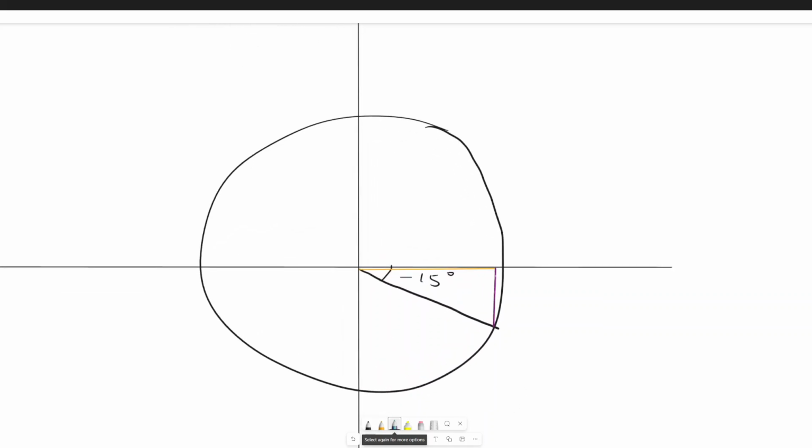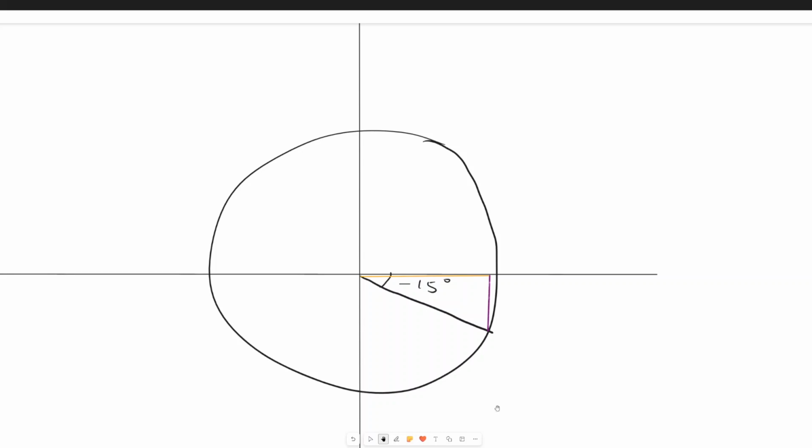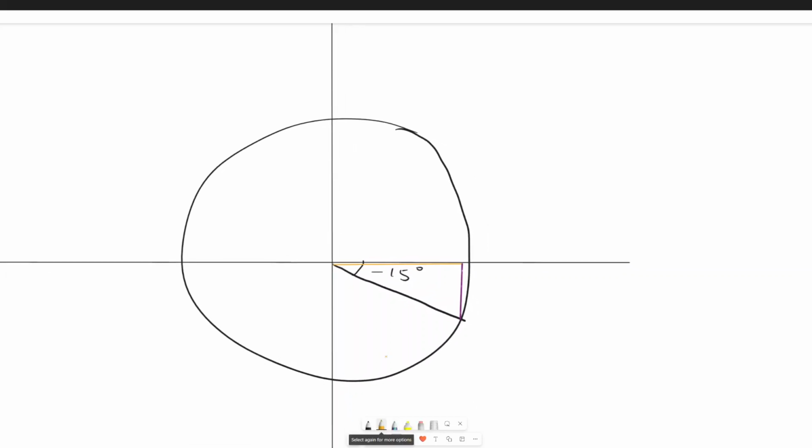So again, let's think about which quadrants are going to give us this length. On the unit circle, the left is negative and the right is positive. It's just like the Cartesian plane. So right is positive x and left is negative x. Because this base here is going to the right, its value will be positive. So straight up again, we know that cos minus 15 is going to be positive.